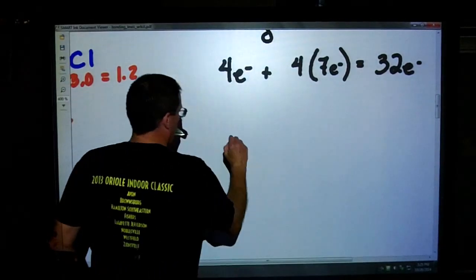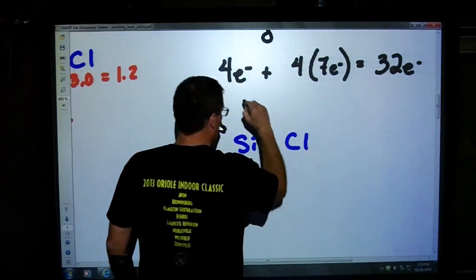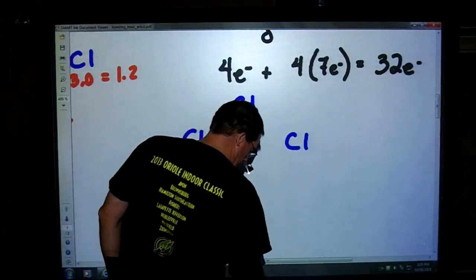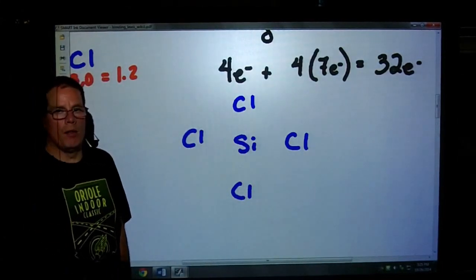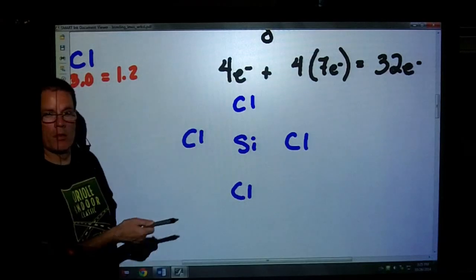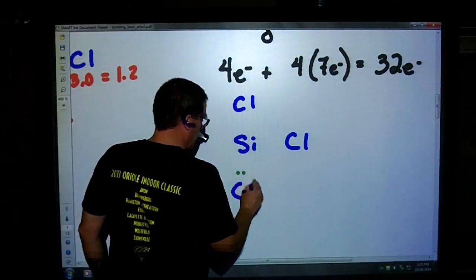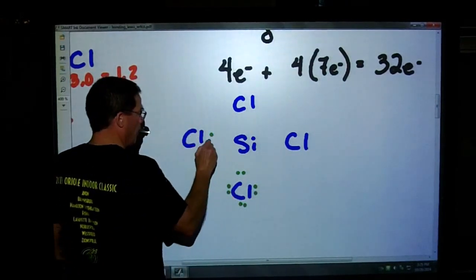Again, arrange your elements. Silicon goes in the middle, and we put our chlorines around it. Give your external atoms what they want. In this case, chlorine wants 8. Everybody else wants 8 except for hydrogen, which only wants 2.